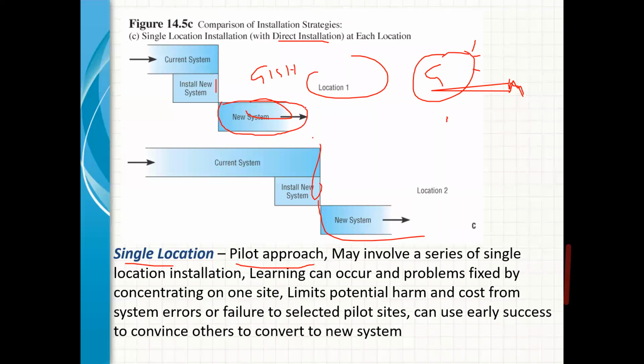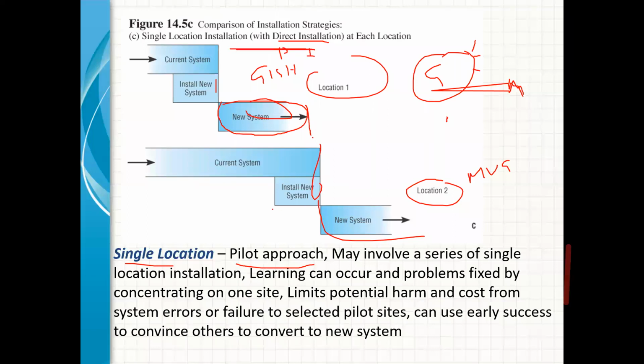For some time they figure out there is no error and everything works as expected, then they can introduce that system to another location. Let's say we take it to Mogonelo, for example. This is what you call the single location approach, and as we said, it can be with direct installation or parallel installation.